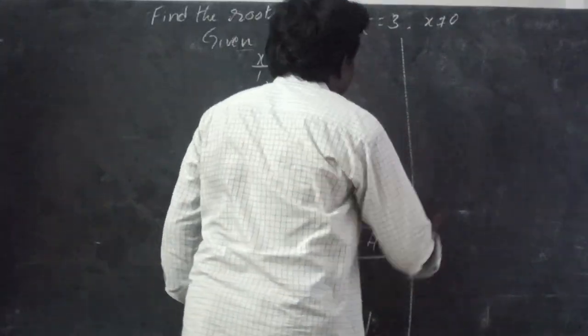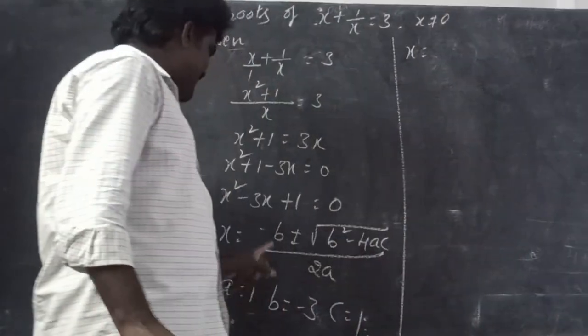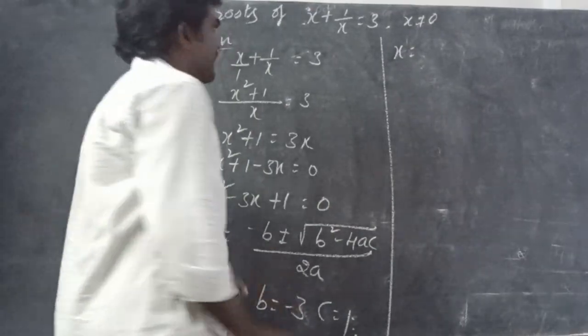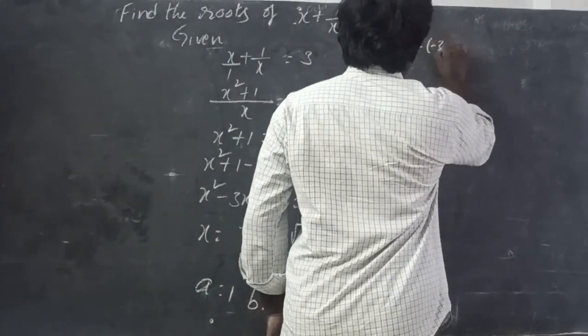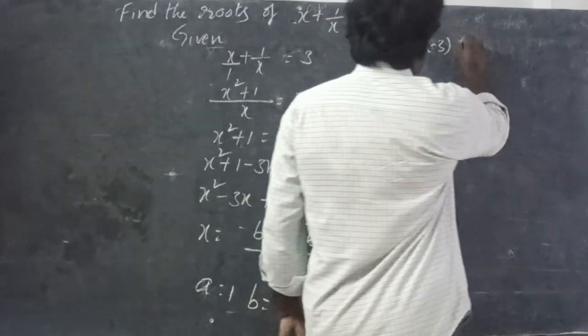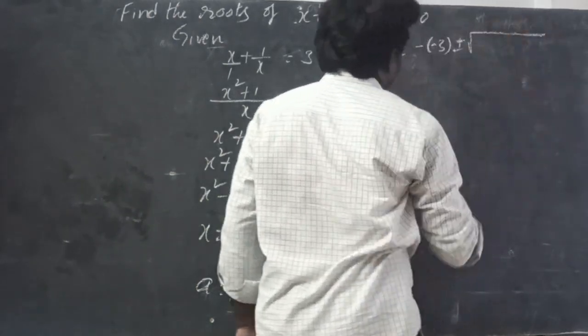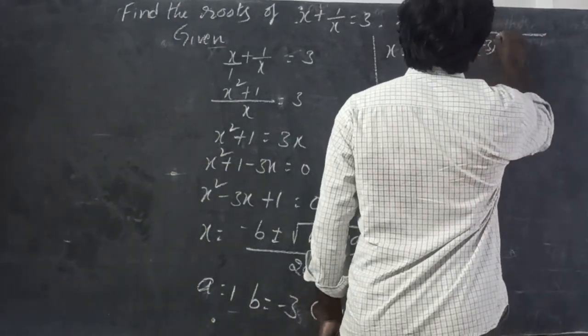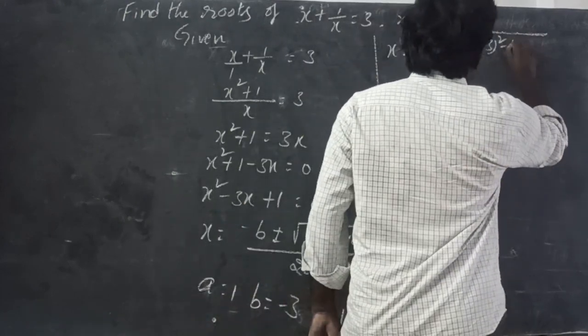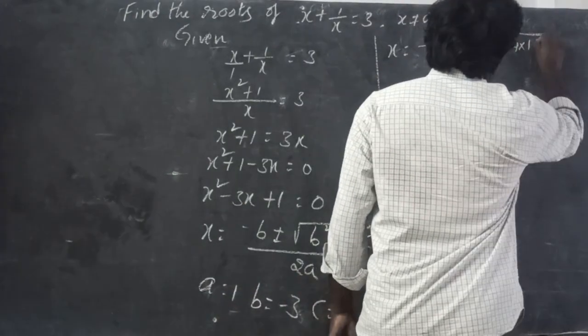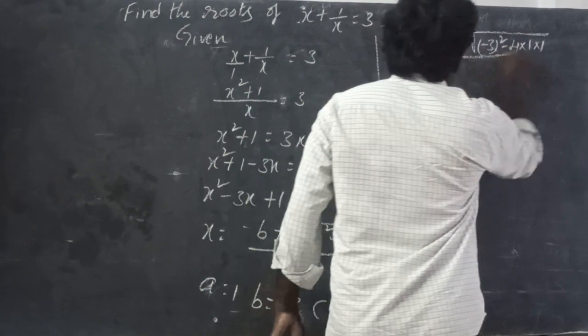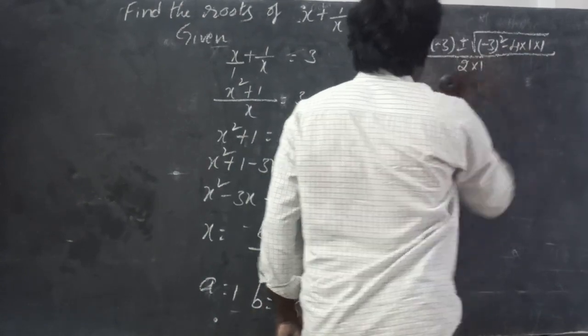Okay, so here x is equal to minus b. Here what is b? -3. So minus of -3 plus or minus square root of b square, that is -3 whole square, minus 4 into a 1, c 1, by 2 into 1.